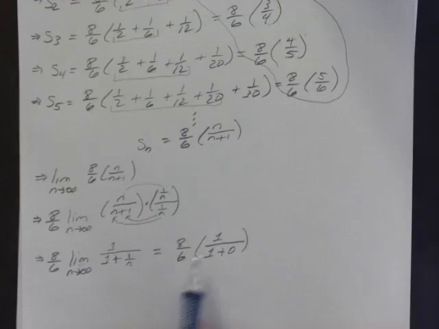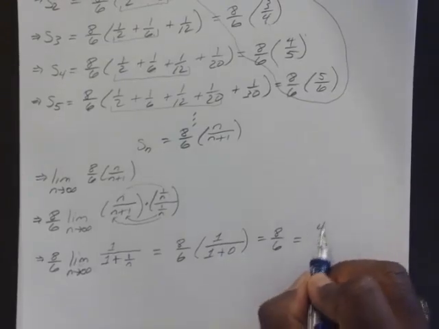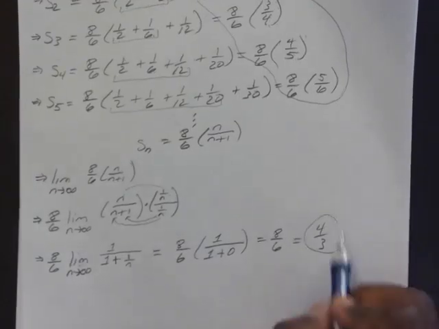So really, this is just 8/6 times 1, which is just 8/6, which simplifies to 4/3. And if we wanted to, we could have simplified the 4/3 a long time ago, but just decided to wait till the end.